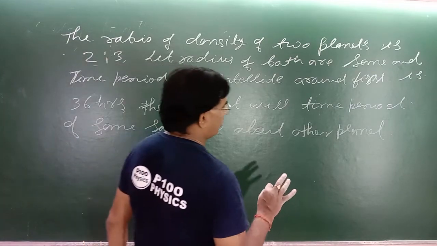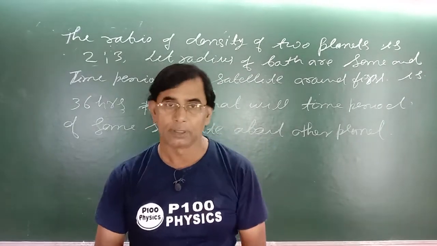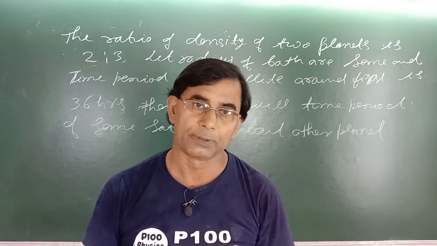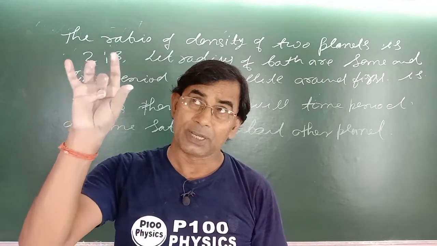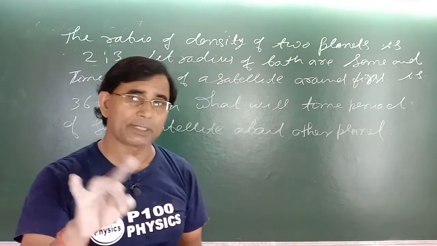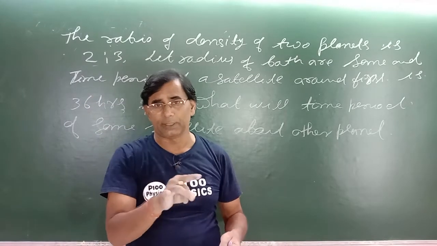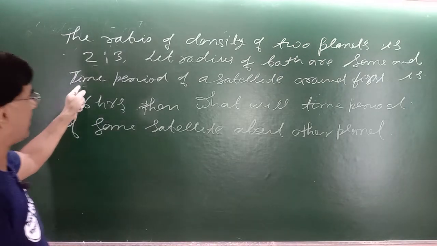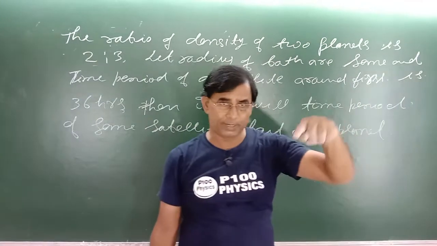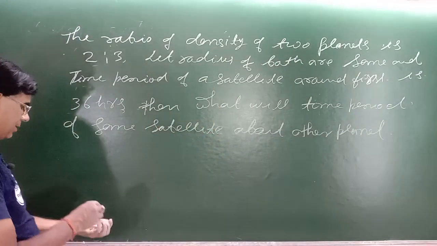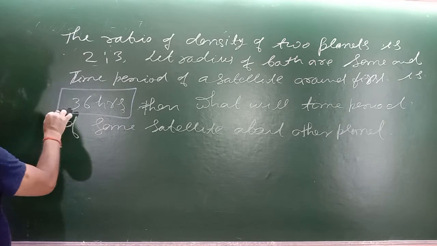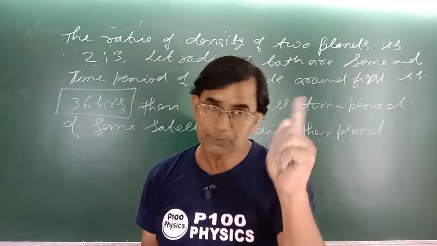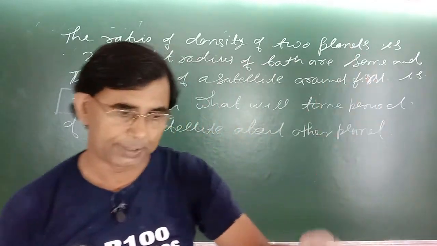Both planets have their satellite, identical satellites in the same radius, meaning the orbit radius around both is the same. The time period of the satellite around the first planet is 36 hours. Then what will be the time period of the same satellite about the second planet?